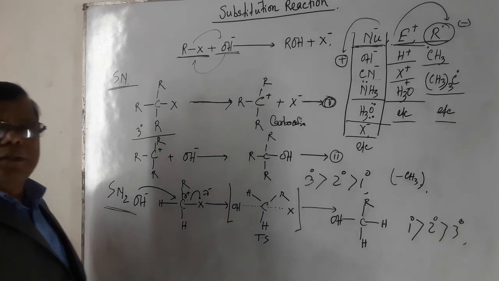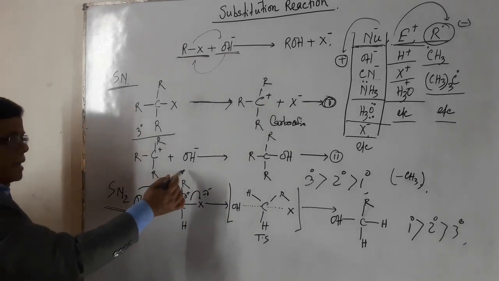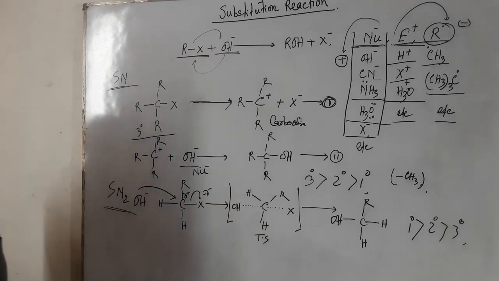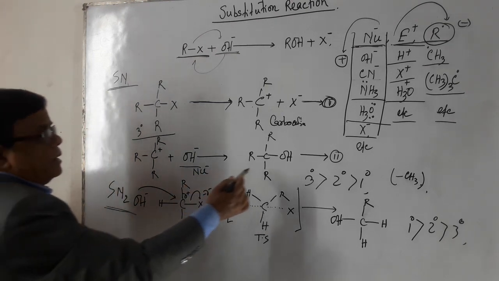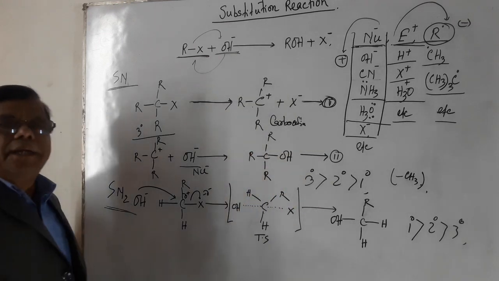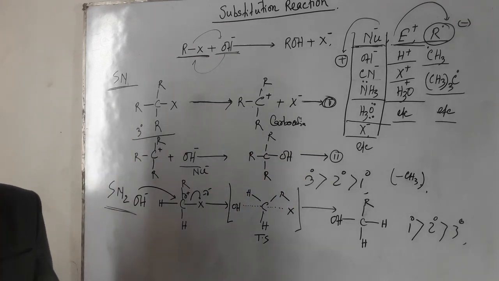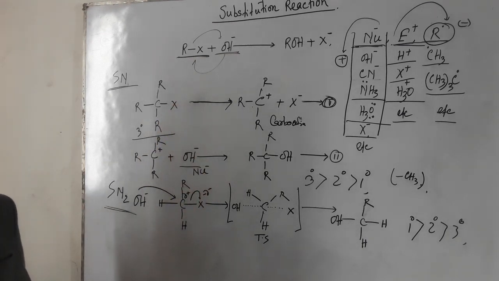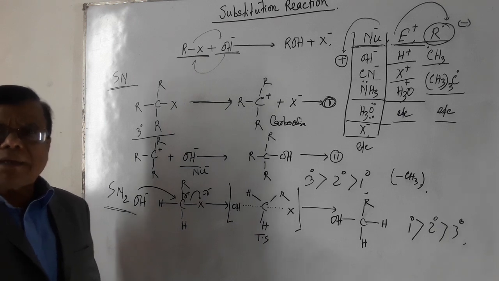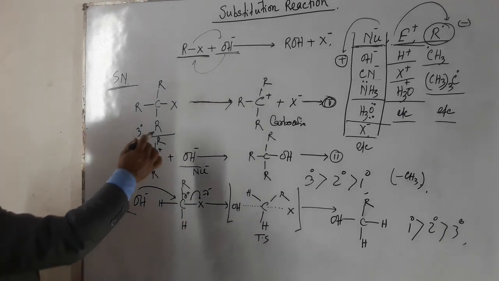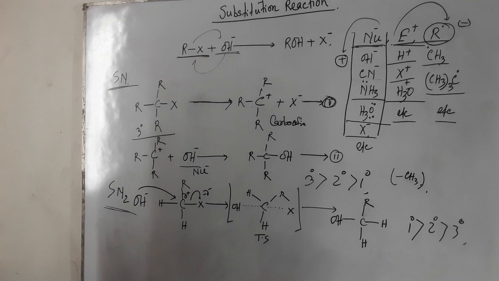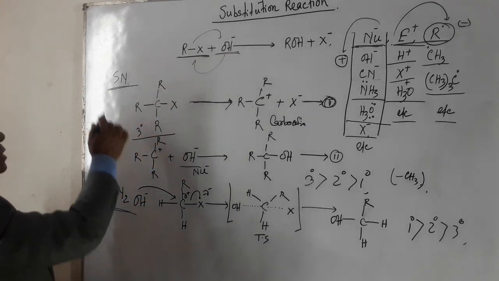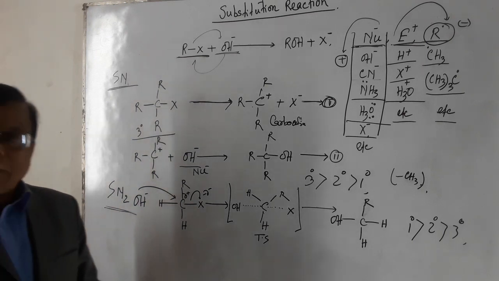This carbocation is then attacked by a nucleophilic reagent, then it will be a 3 degree alcohol. This reaction happens in 2 steps, but its rate depends on the only reactant. So it is a unimolecular substitution reaction.